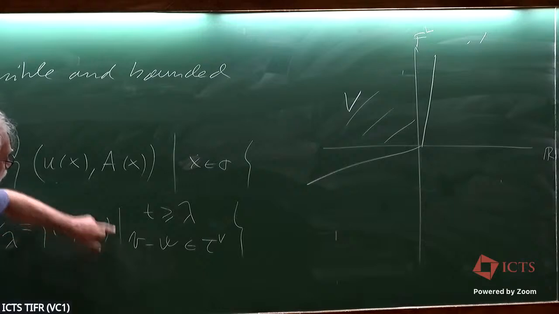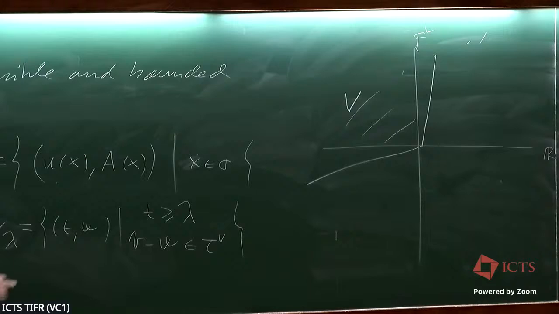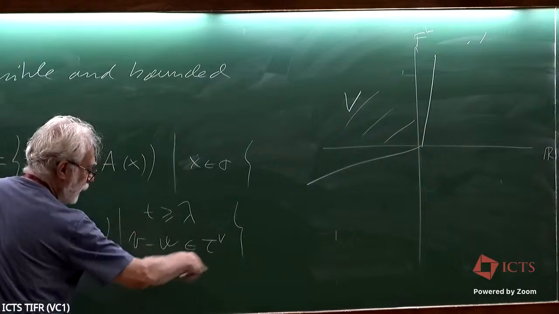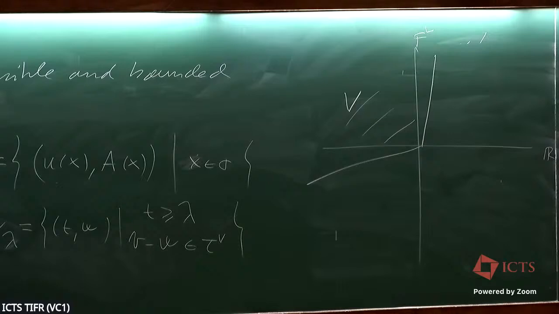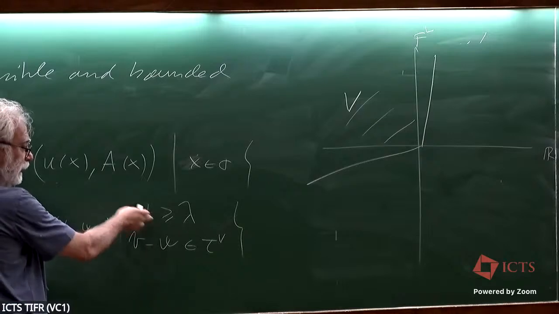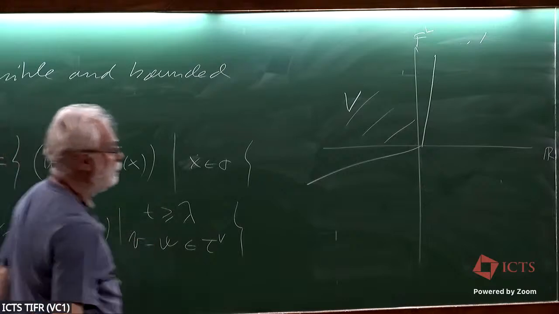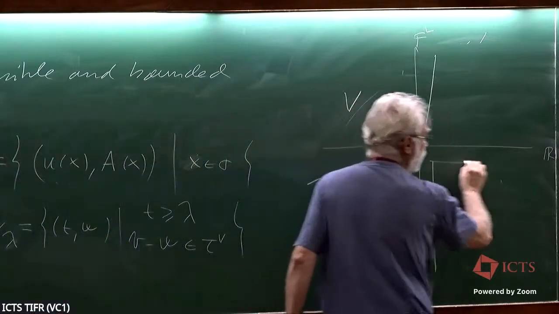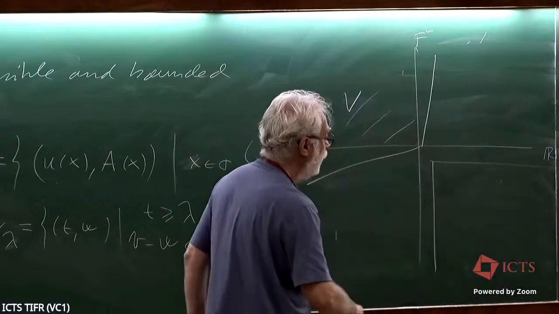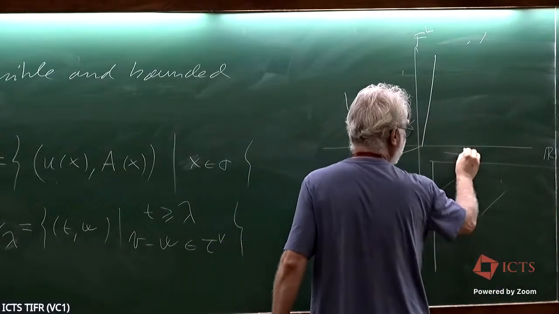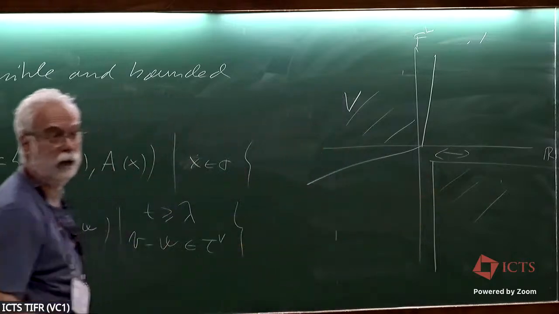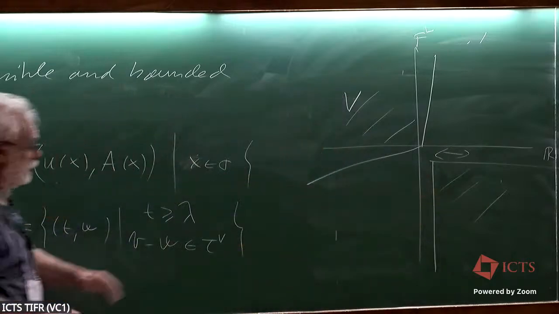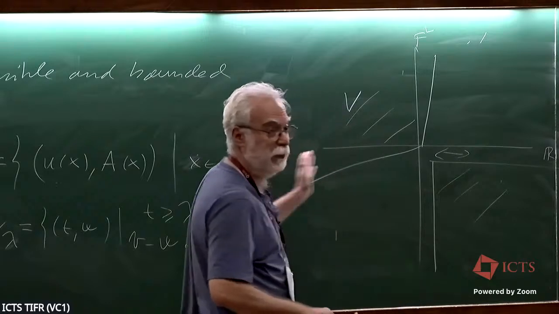Okay, so elements that are in the intersection of these two sets will be exactly elements that are feasible for the problem P. But I have some condition on W in F dual, but the condition on T is just this thing here. So my W will be something like this, a cone in F, and then I can move in this direction and this direction. So when I change lambda, the only thing that happens is that these guys will move.